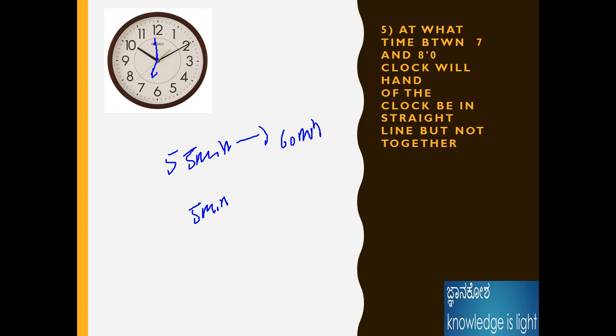That is a straight line. Where should it come? Here it is coming as straight, and that's why I am taking 5 minutes. Applying this logic, we could easily solve any problem like this. 5 minutes is equal to 5 by 55, 5 on the 55, therefore 60 by 11 is the same thing.